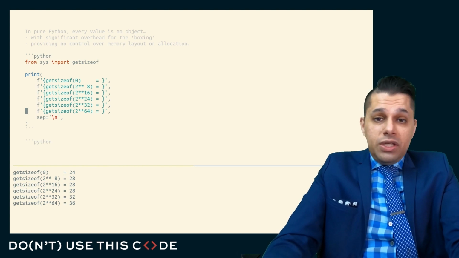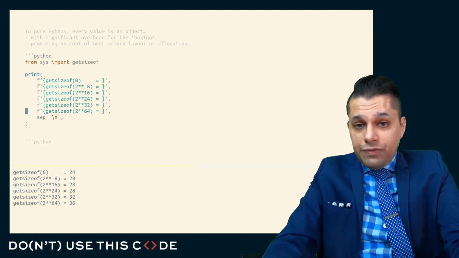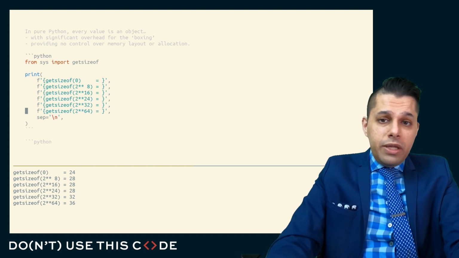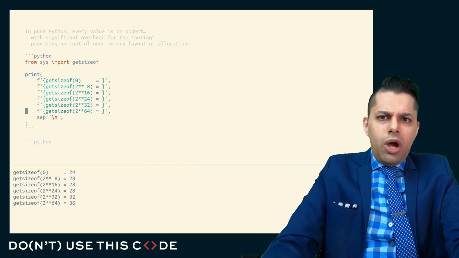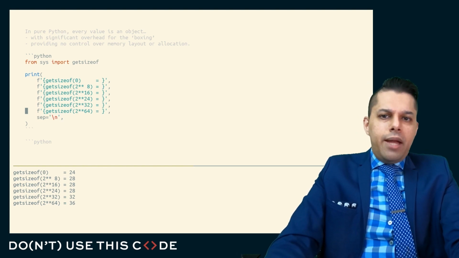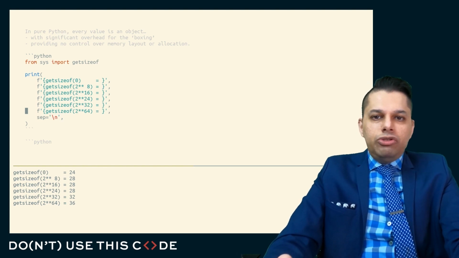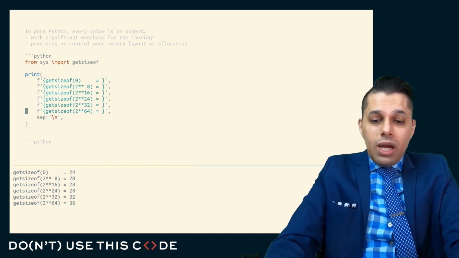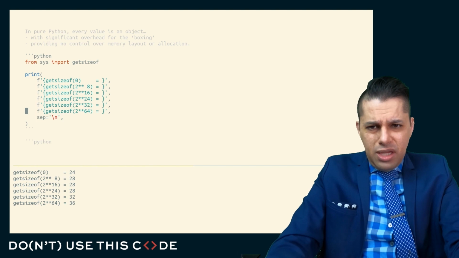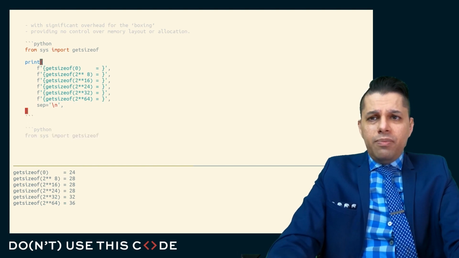And so it's the case that if these numbers were very large and there were very few of them, well, then the overhead wouldn't be that large in reference to the number itself. But if you think about it, it's very often that we're working with numbers that can be fit into an IEEE 754 double precision floating point type or into an Int64. And when we do that, we're paying a lot for the overhead in pure Python.